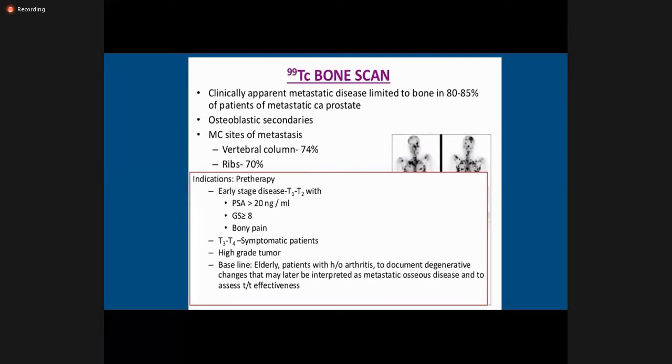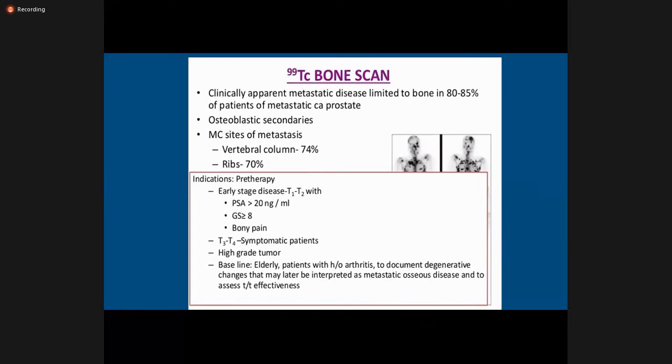So if somebody is having bony mets, then you will see these blackish dots on the picture in their different bony parts.